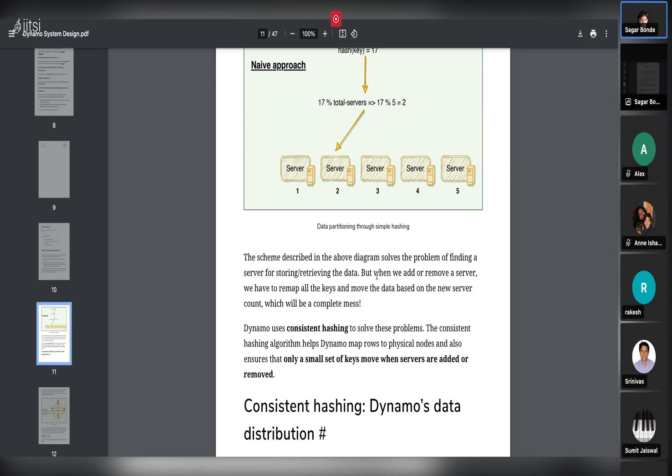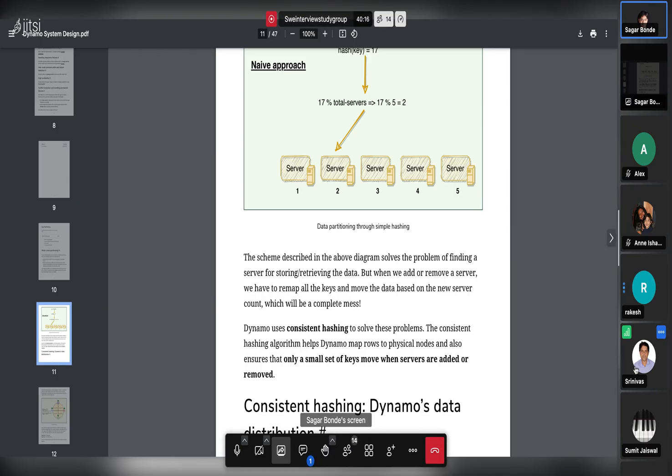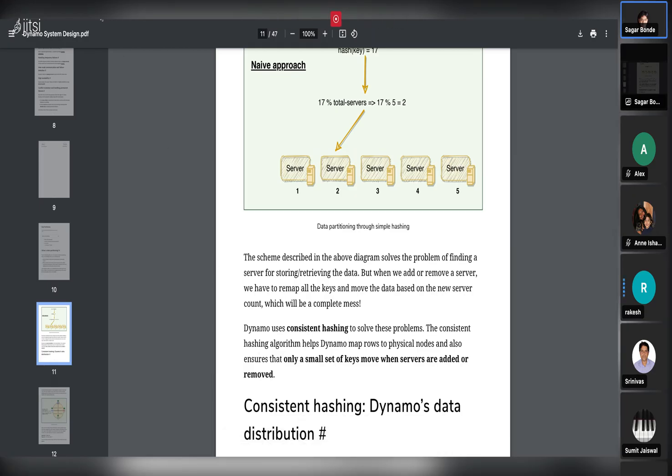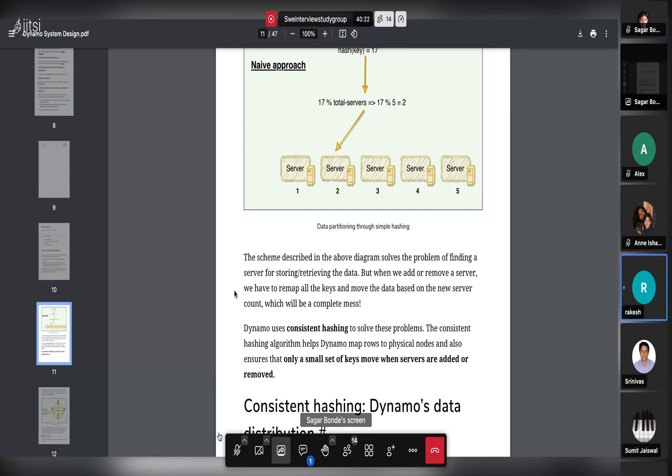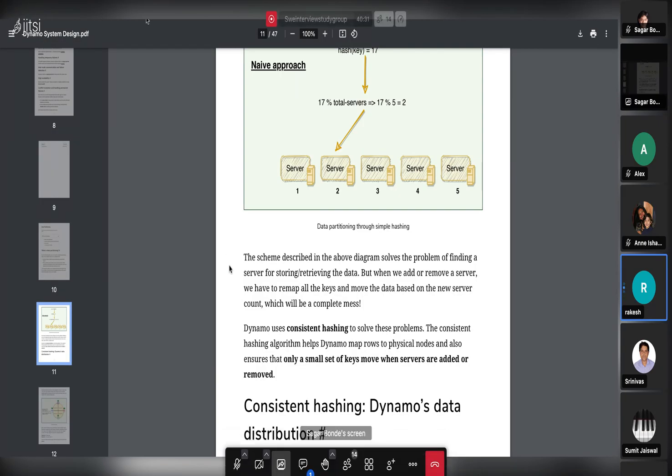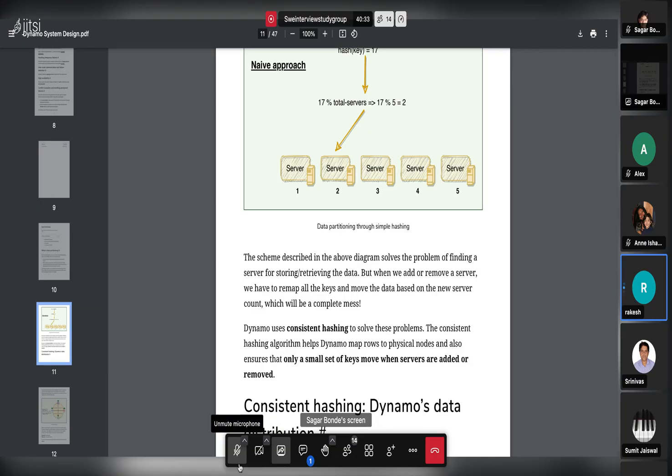Okay. Just one minute for my clarification. For data purposes, suppose here data is not replicated, right? So if server one has partition one, server two has partition two, then data-wise, suppose A to G, we want to store the data.